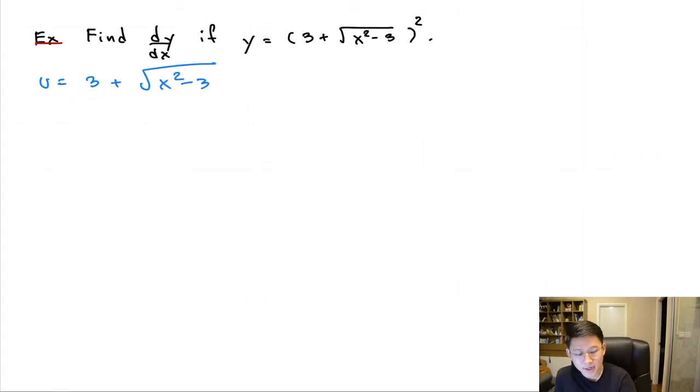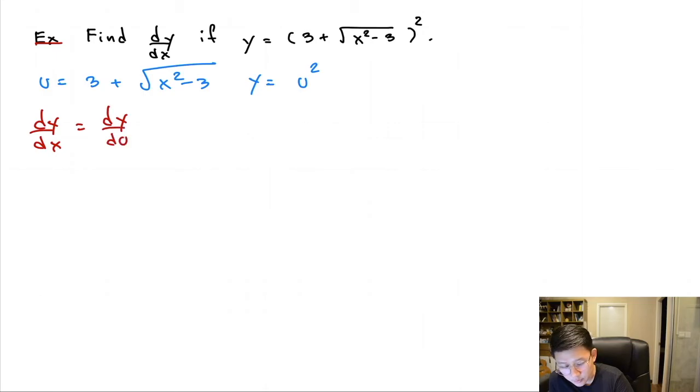So I have that y is actually u squared. And then I know that dy by dx is dy by du times du by dx.